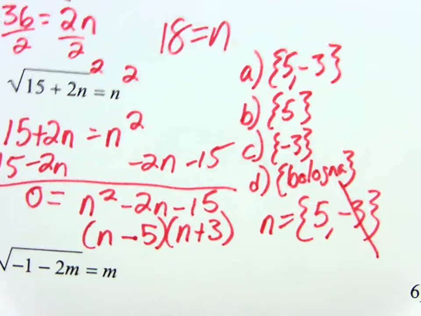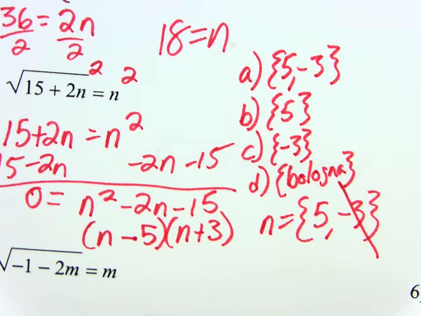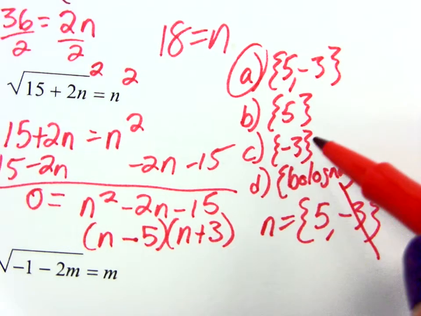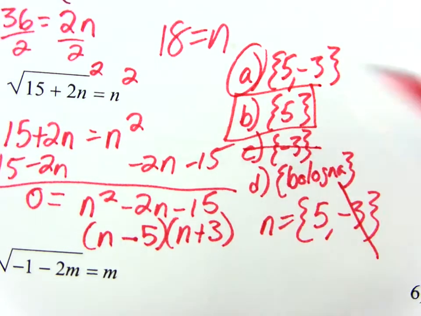But you need to know which of those ones to pick. So many people are just going to pick A, because they got those 2 answers, and they're never going to go back and check. But it's really important. Negative 3 does not work. So, the right answer is only 5.